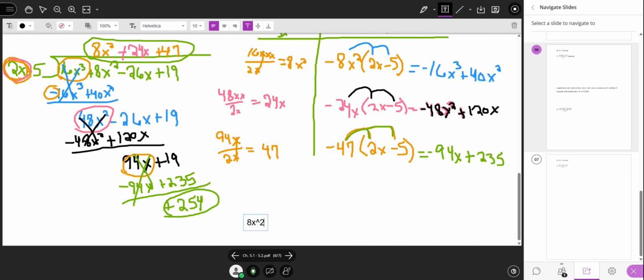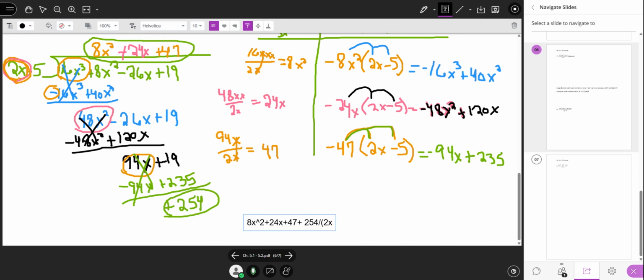8x squared plus 24x plus 47. Your remainder is positive, so put plus, put a space, 254, and then you're going to put a fraction bar, parenthesis, and I'm having to put it in parentheses.